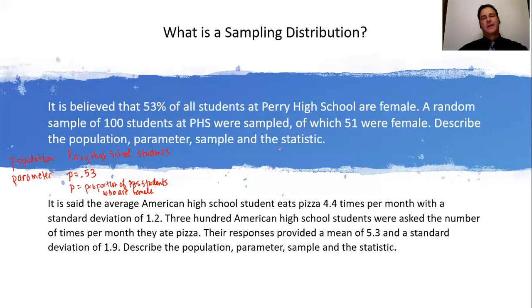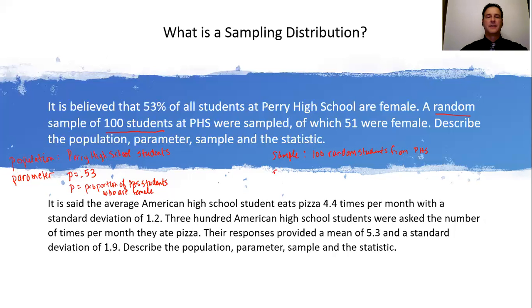Now we're going to take a sample of our population, and in this case, I'll write this out, 100 random students from PHS, which is who we're going to study.